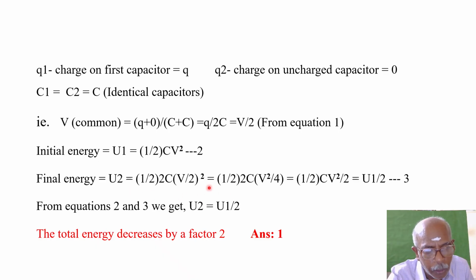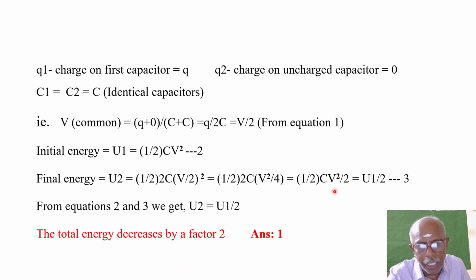It's equal to 1 by 2, 2C, and when the square gets inside, V square divided by 4. So, 1 by 2, 2 and 4 cancel, and we get CV square divided by 4. What is half CV square? That is U1.